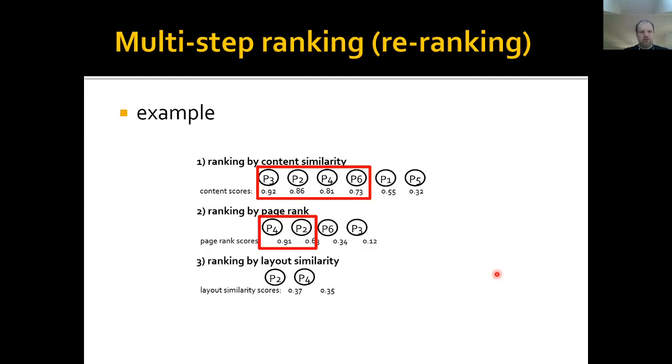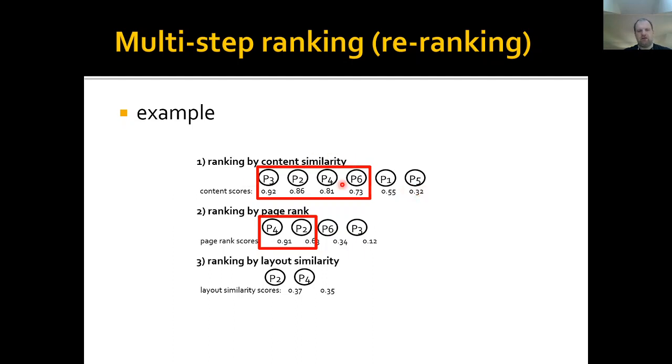Okay, so in our example it could look like this. We have sorted ranking functions. The most important is, for example, sorting by content similarity.